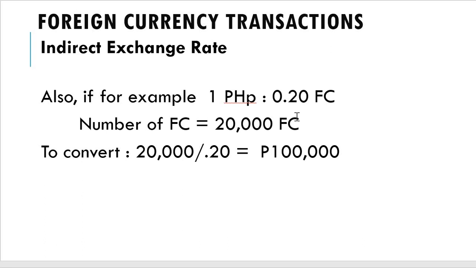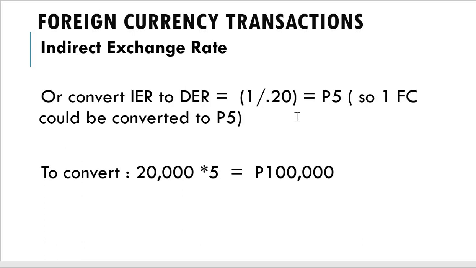Okay? But yung indirect exchange rate natin, pwede naman siya i-convert into direct exchange rate. So, it's actually 1 divide 0.20, no? So we do have 5 pesos. So, 1 foreign currency could be converted into 5 pesos.